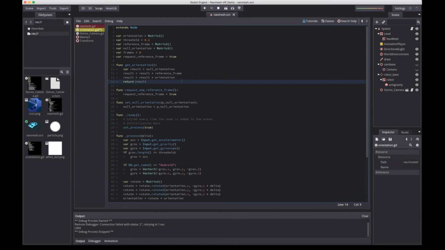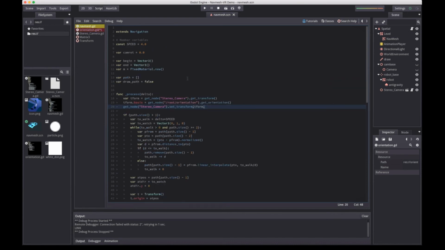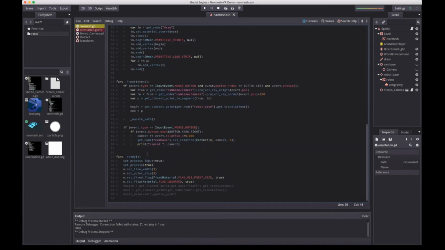Now we actually need to start assigning all these values. And I'm going to start with setting our null frame. So let me get my example. There we go. So obviously this is something we're going to do in Navmesh, and we're just going to do that once.